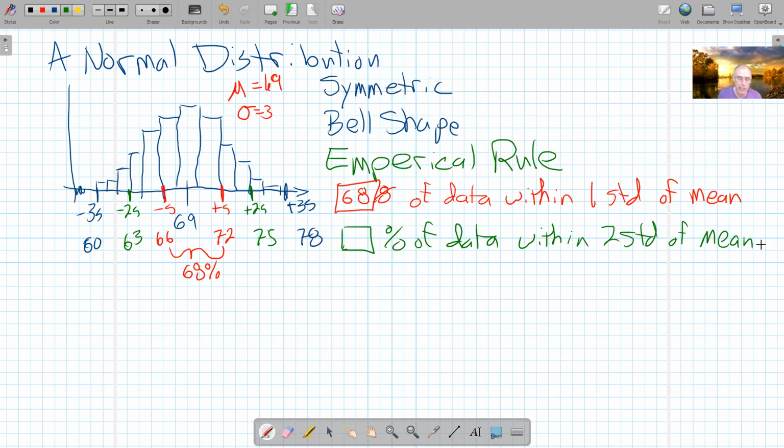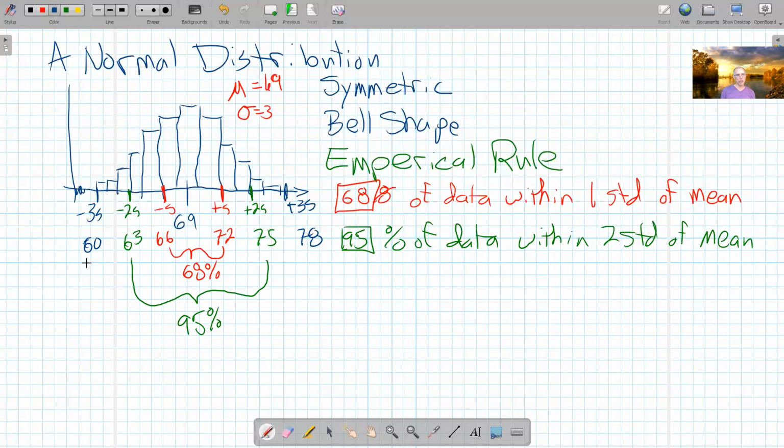Not 85, no, it led to our rare event rule. And the rare event rule says something's rare if it's in like the 5% fringe on either side. And so it's kind of related to that. So if we look within 2 standard deviations of the mean, then we're going to get about 95% of the data within 2 standard deviations.